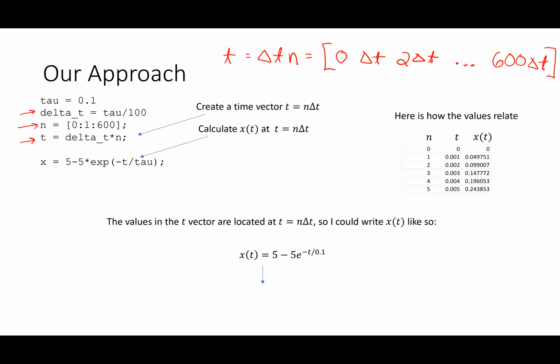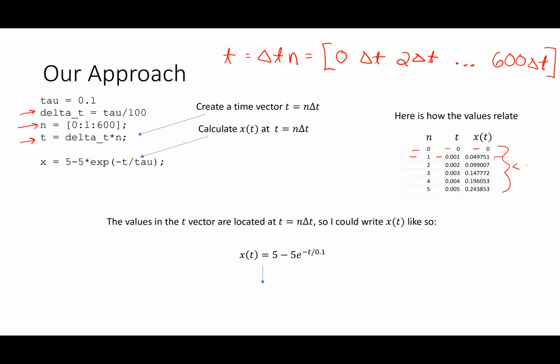The way that I think about this is I can think about my values in two different ways. I'm plotting just in Excel. For n equals 0, I get t equals 0, and x of t, I just plug in that value of time. For n equals 1, I get this value of t, and I get that value of x of t. So they all go together.